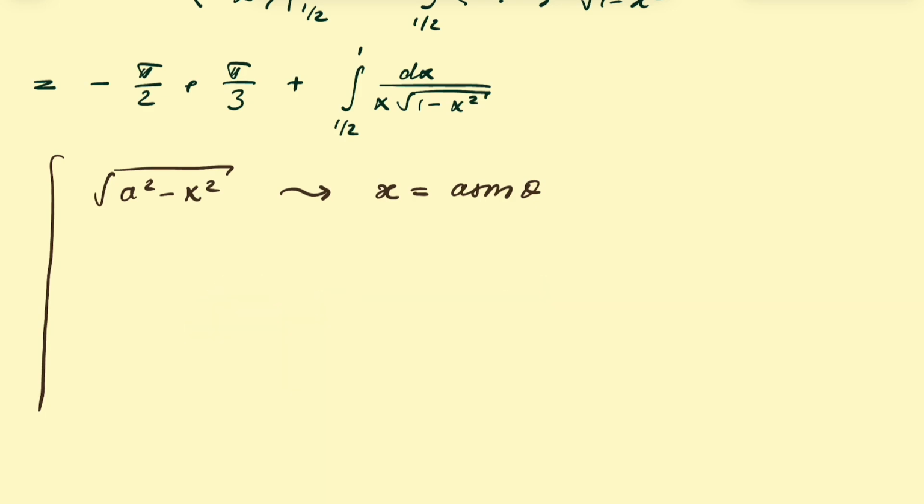Turning back to our substitution, this substitution is equivalent to theta equals arcsine of x over a, because we have x over a equals sine of theta.